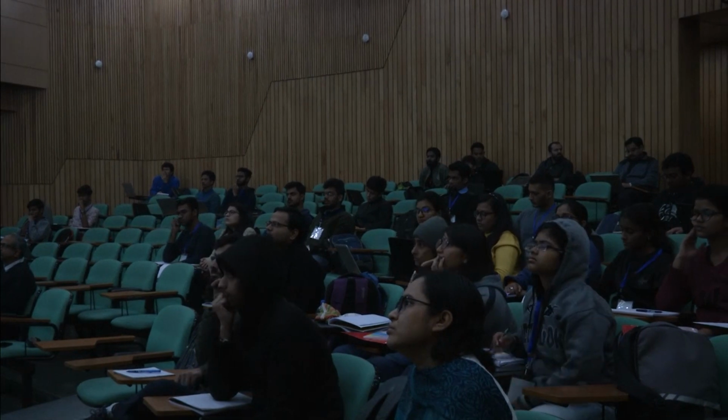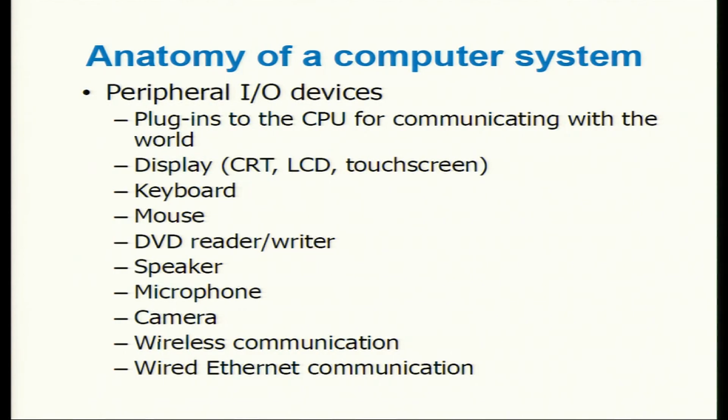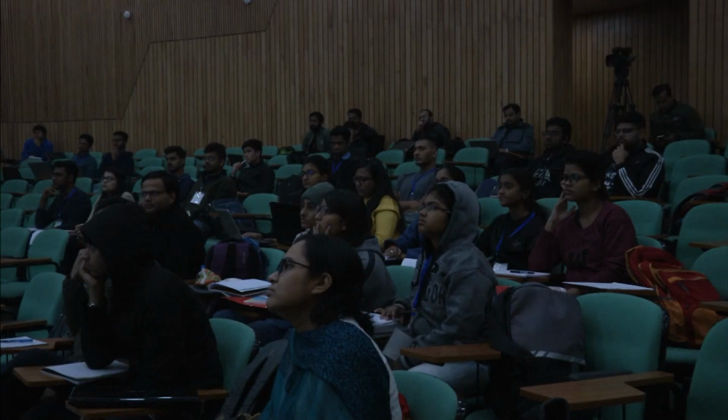And this is a short list of I/O devices. In fact, this list is incomplete. Any plugin that you can think of that is used for communicating with the environment or the world. Like the display can be of different types depending on the technology. You have keyboard, mouse, DVD reader, writer, speaker, microphone, camera, wireless communication, Ethernet communication, and so on and so on.